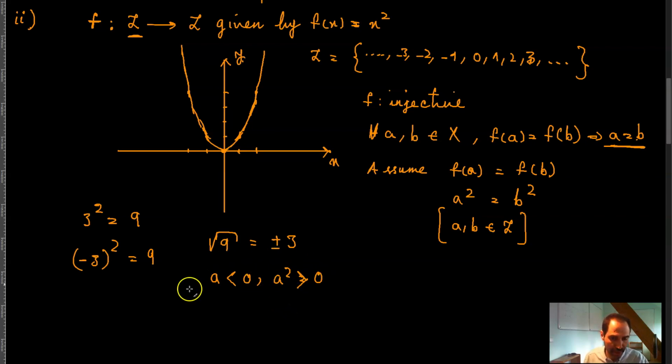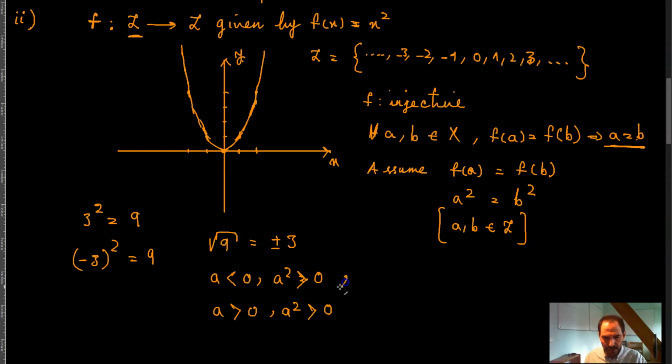Of course, as long as we are talking about real numbers. When we get into imaginary numbers, this doesn't work anymore. But if a is less than 0, a squared is going to be greater than 0. If a is greater than 0, a squared is still going to be greater than 0, right?